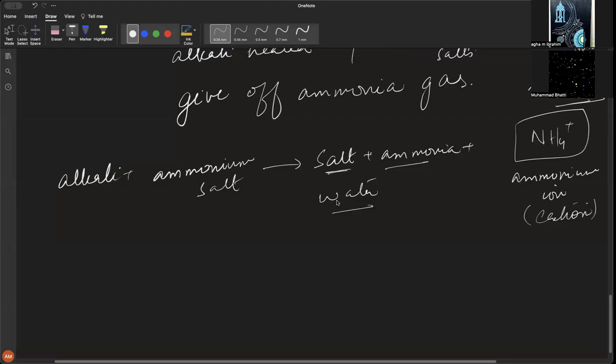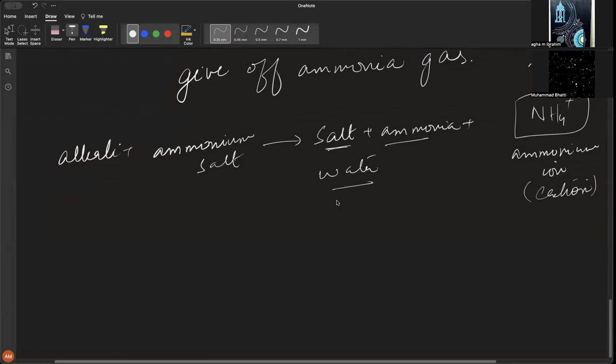All right. An example can be calcium hydroxide, obviously aqueous, plus 2NH4Cl. This is ammonium chloride.